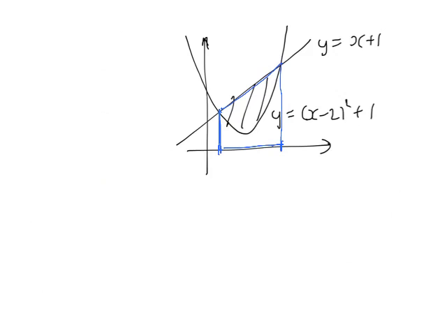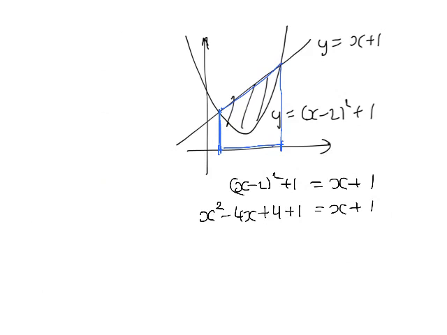To do that, we've got to solve the equation (x minus 2) squared plus 1 equals x plus 1. So expanding out this left-hand side, we've got x squared minus 4x plus 4 plus 1 equals x plus 1. And tidying this up, we've got x squared minus 5x plus 4 equals 0.